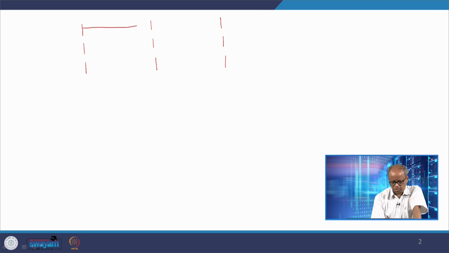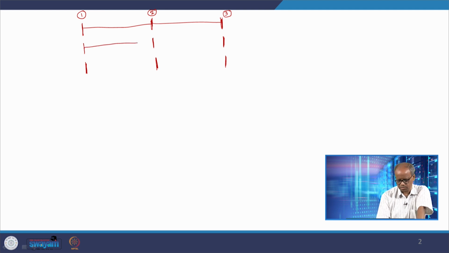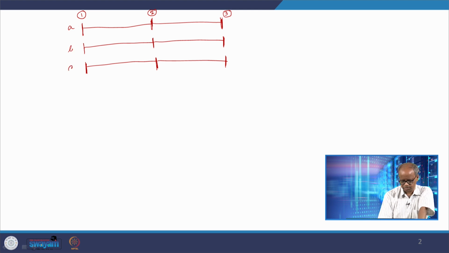So, I have got this is bus 1, this is bus 2, this is bus 3, and I have got lines, and this is phase A, phase B, phase C.